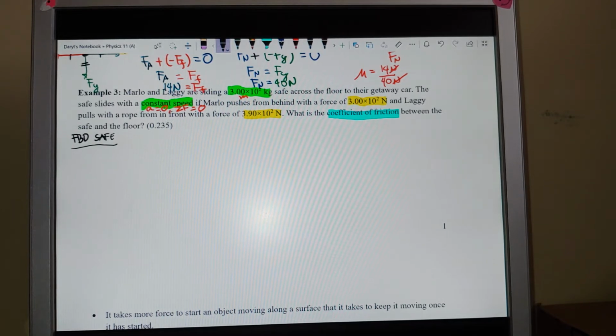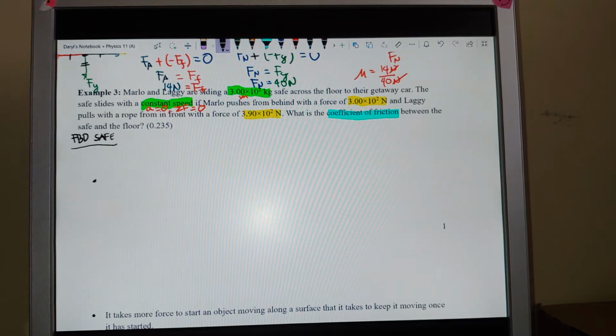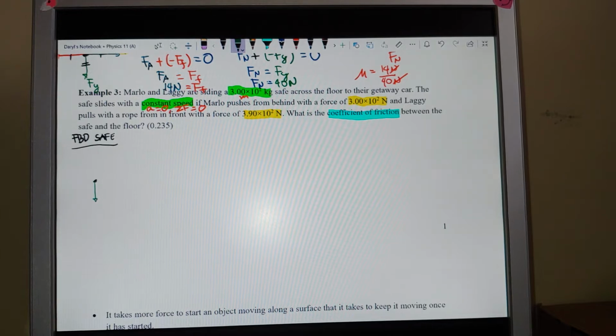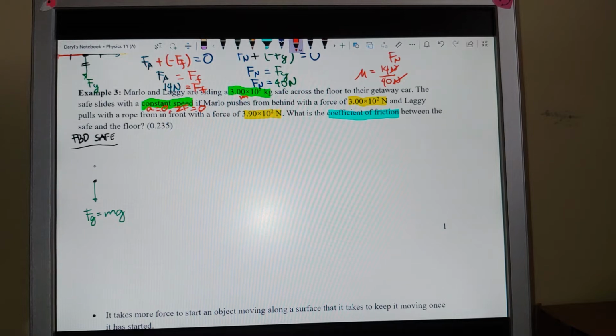Again, we can always represent any object with a dot. So that is my safe, and I'm going to identify all the forces acting on it. One, we have the force of gravity, the weight of the object, which is given by the mass times the acceleration due to gravity.